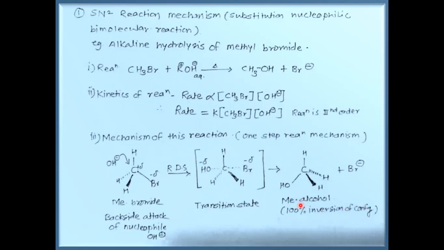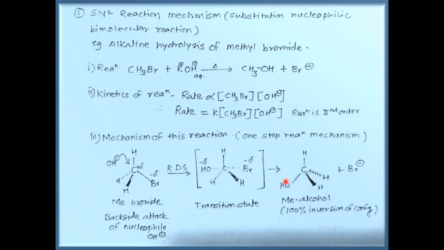Inversion of configuration means that in the structure of the reactant, the 3 hydrogens are on this left side, the back side, but from the back side the OH minus attacks and the C-Br bond detaches, so the structure gets inverted. The 3 hydrogens go towards the right side and OH remains on the left side.